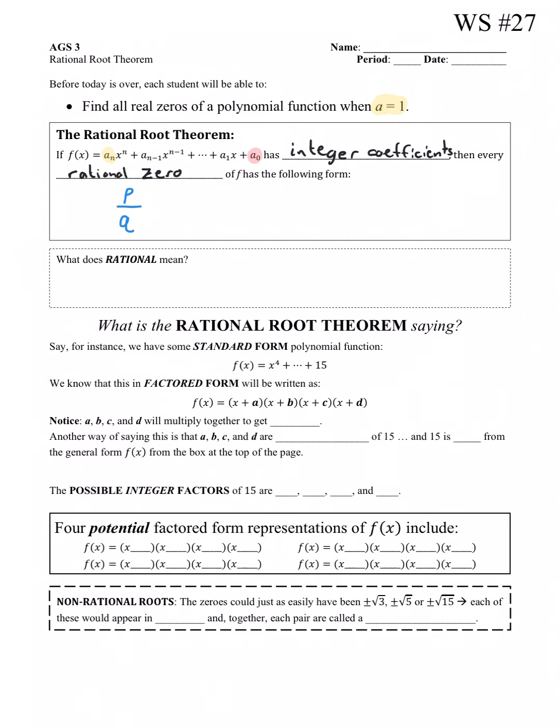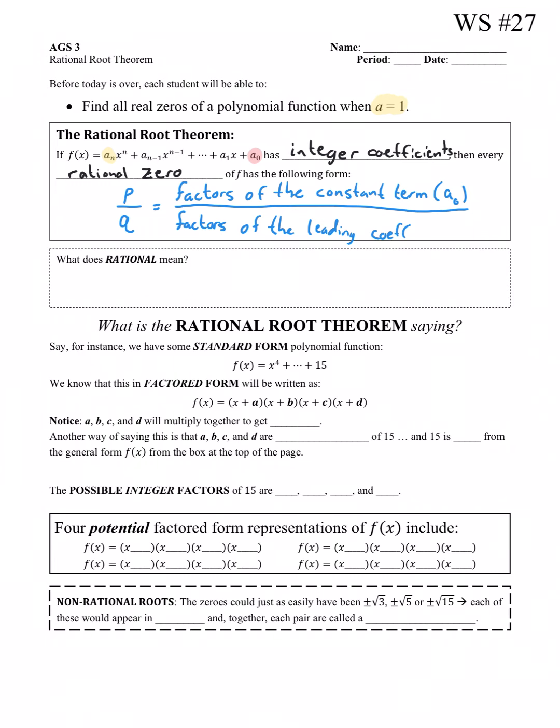P divided by Q are kind of these placeholders. And we'll write down the top line as the factors of the constant term, A sub 0. The bottom line is the factors of the leading coefficient, A sub n.